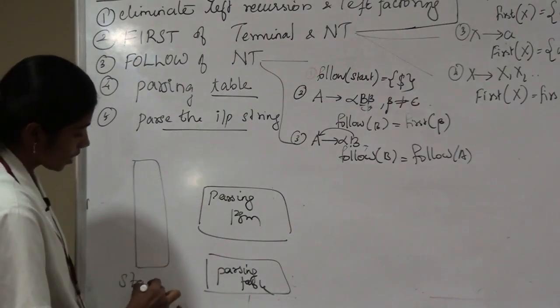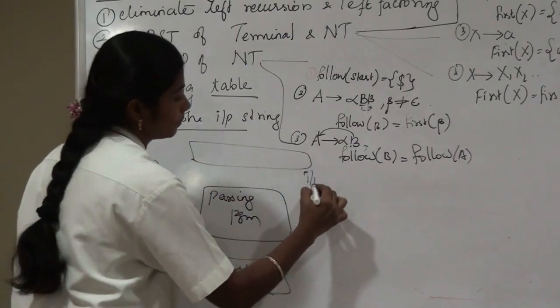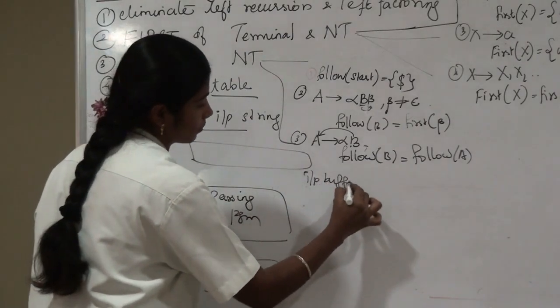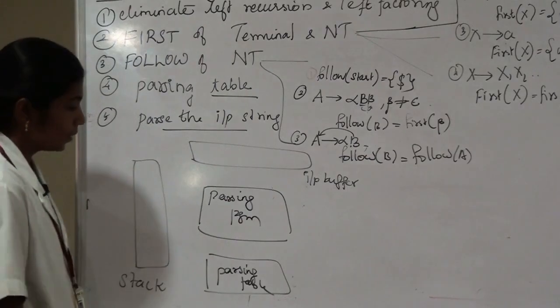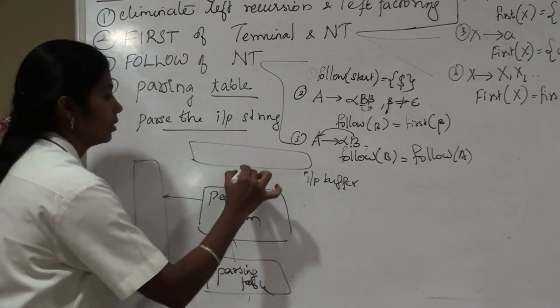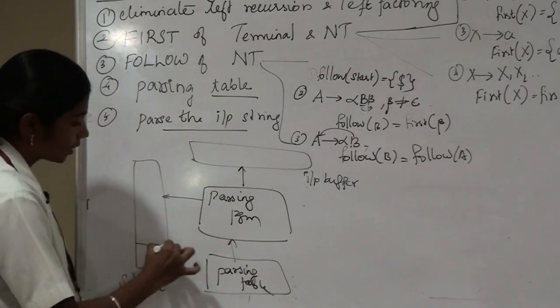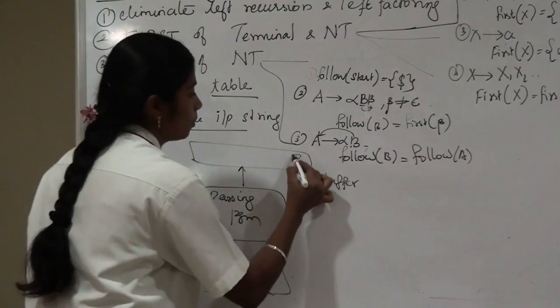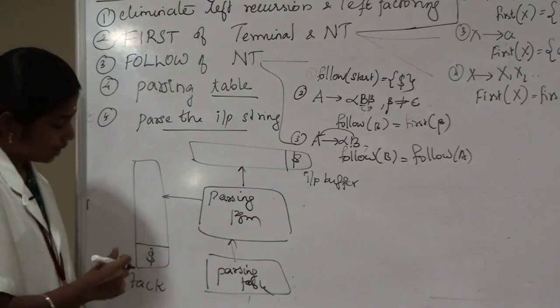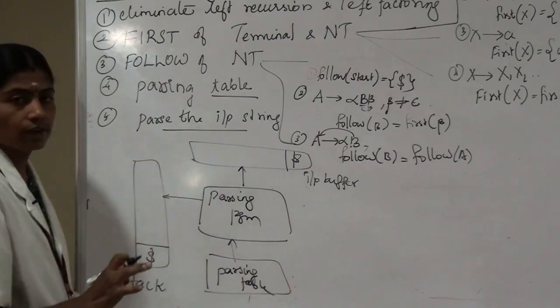And here you have your input buffer. Initially the stack will be having dollar at the bottom of the stack, and the input buffer end is marked with dollar. So this dollar indicates the end of the stack and the end of the input buffer.